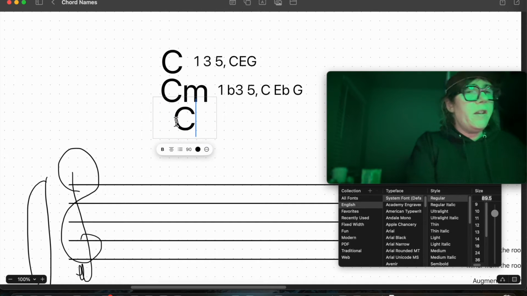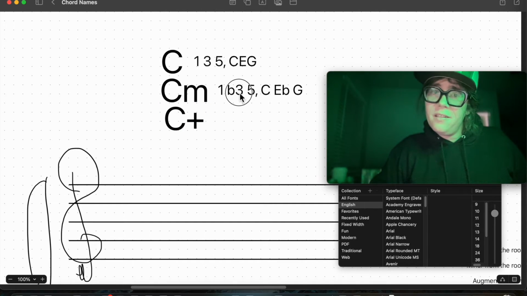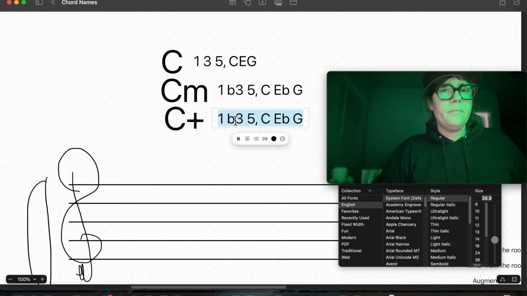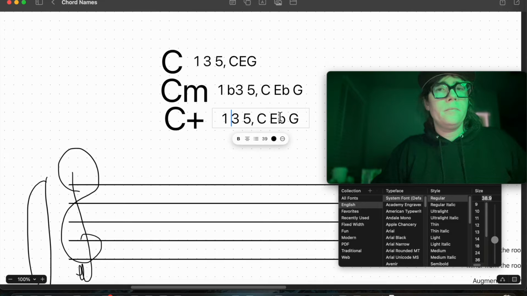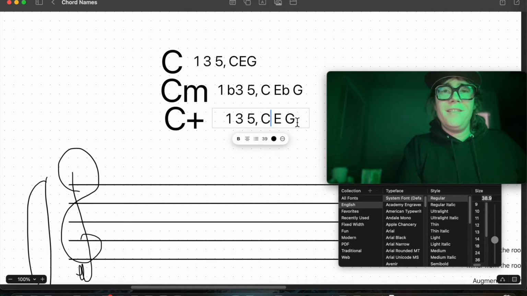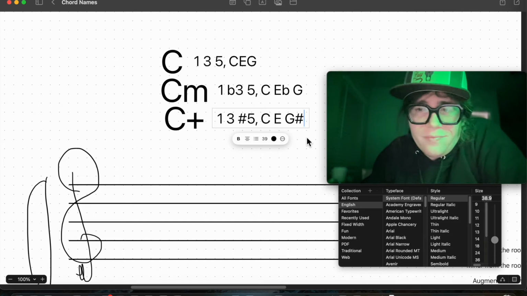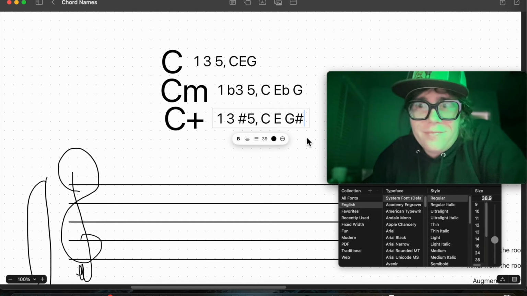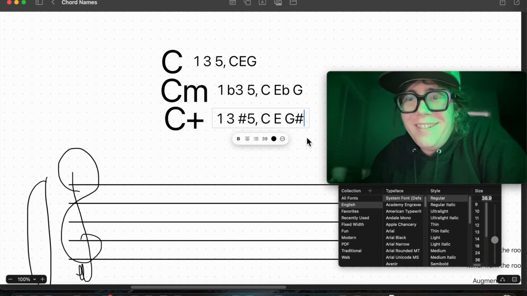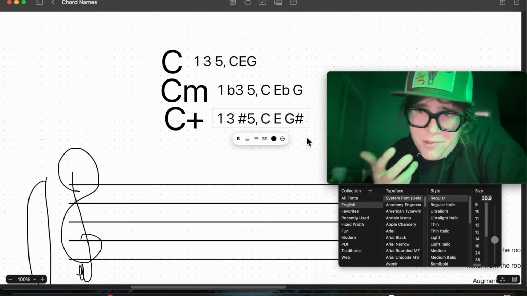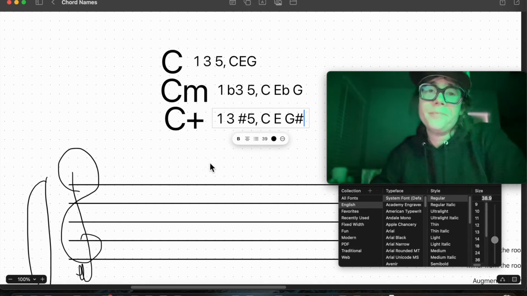Let's do C augmented. And not flat 3. Not E flat. But C augmented, sharp 5, so that turns out to be a G sharp in that case.